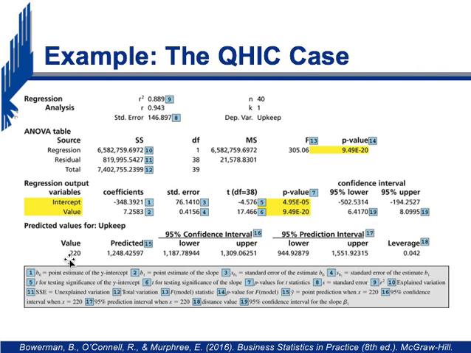If your value for x is equal to 220, the average value for y is somewhere between this interval. At the same time, if the value of x is equal to 220, the value of an individual y can be between 944.92879 to 1551.92315.